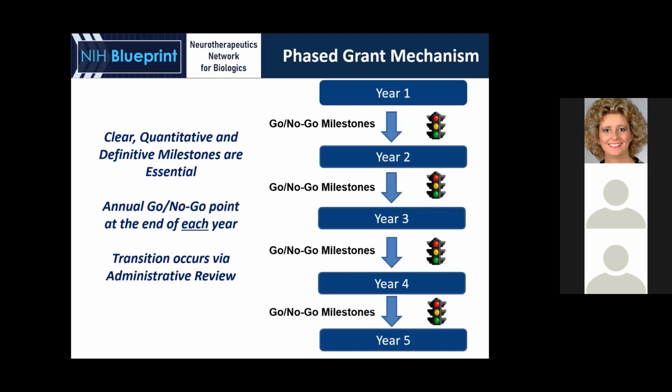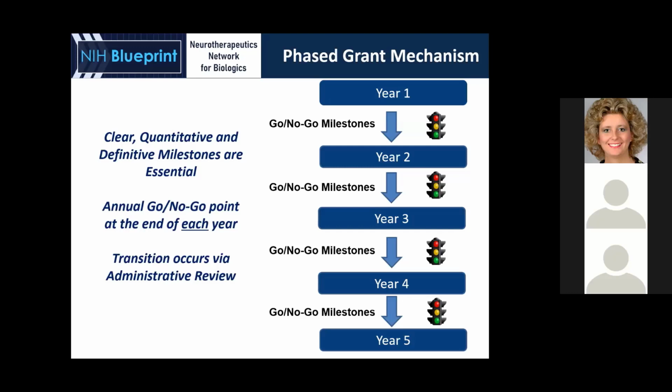Now, this leads to the idea that even though there are 2 phases, the UG3, UH3, there will be go, no-go milestones established that must be met every year to transition to the next year of funding. So your LDT team will help to establish clear quantitative and definitive milestones.